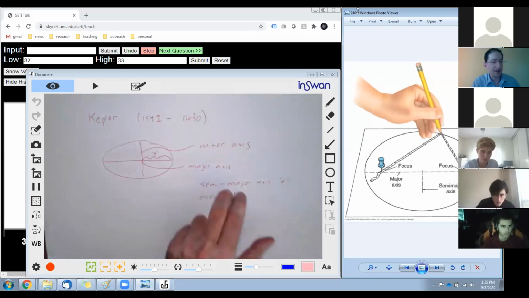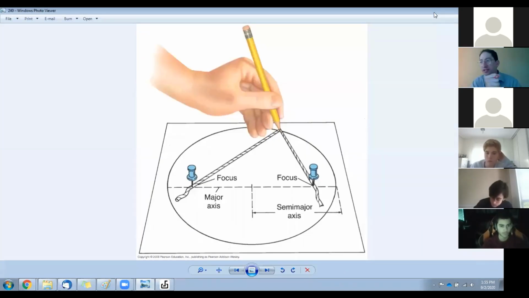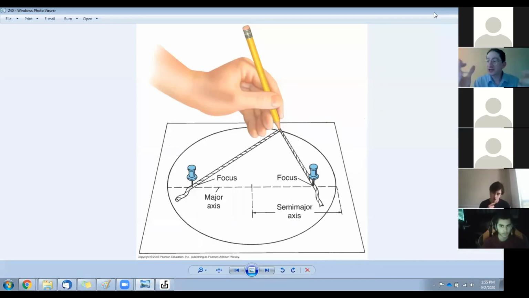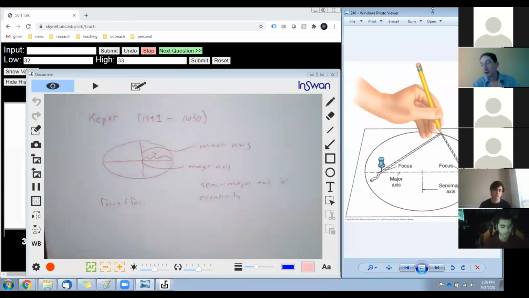To understand the semi-major axis, what if we took these two focal points and brought them closer and closer together until they're on top of each other? In that case, what shape do we have? Circle. Yes, that's right. A circle is a special case of an ellipse where the two focal points, foci, are together. Focus is singular, foci is plural.